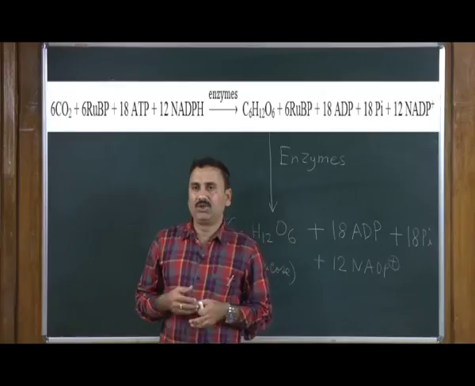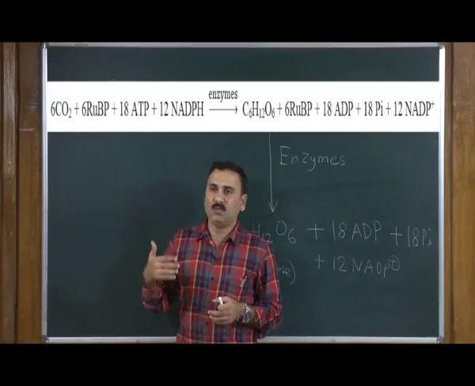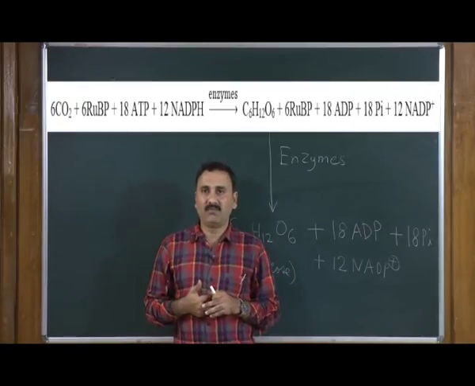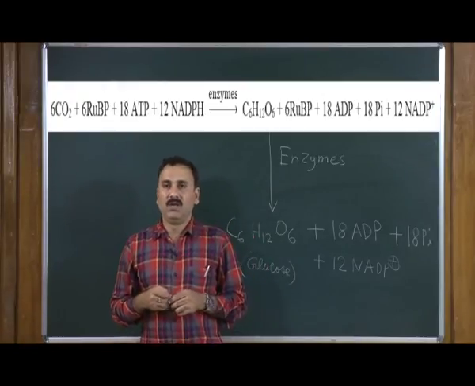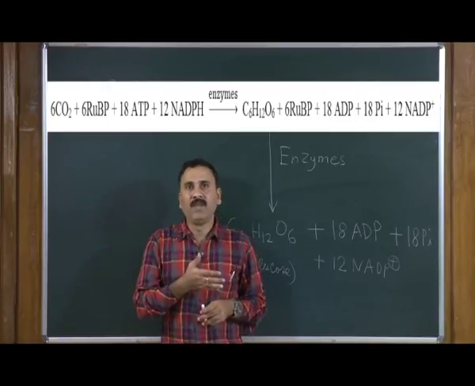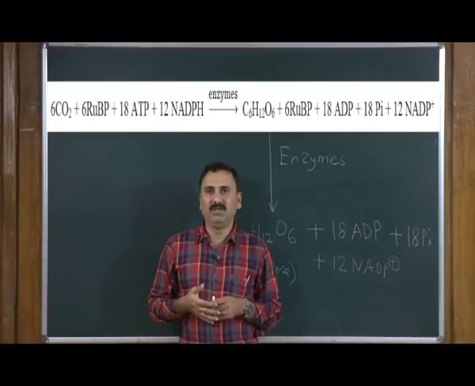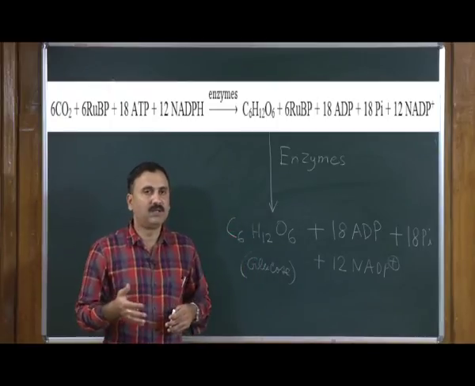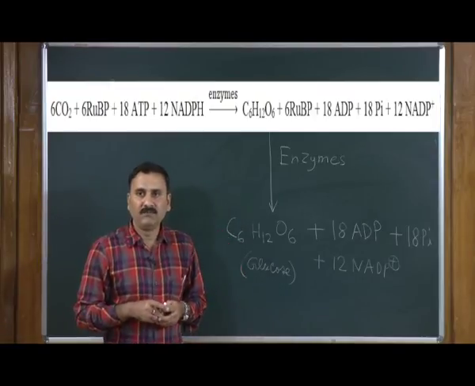In the subsequent lectures we are going to study the different variations in which carbon dioxide can be assimilated from the environment, as well as the different factors which influence photosynthesis, and how those can be modulated to achieve better productivity by exploiting this process. So, with this we conclude our lecture here. Thank you.